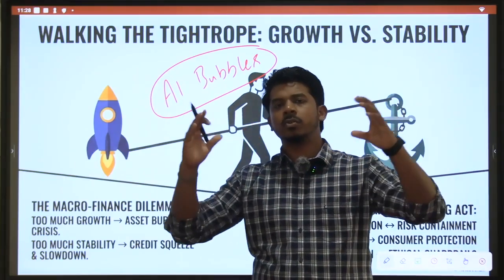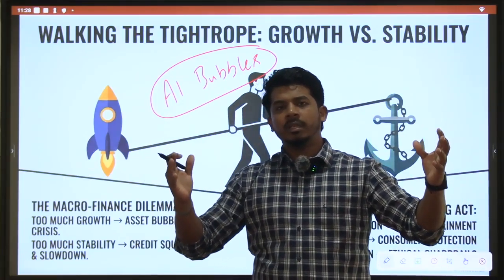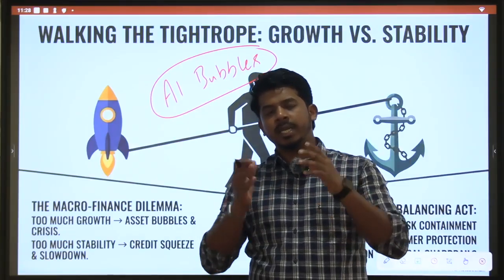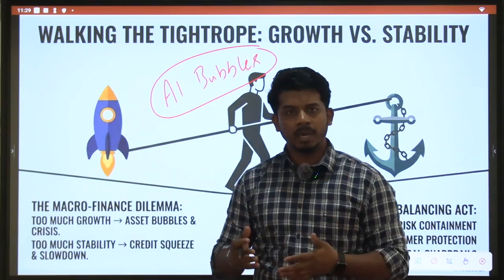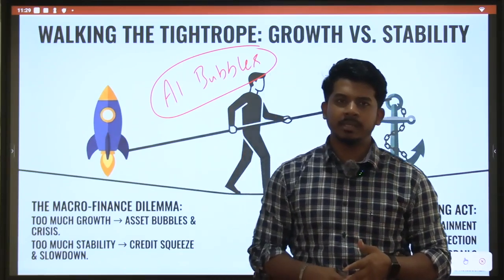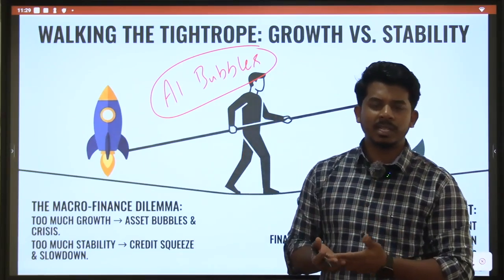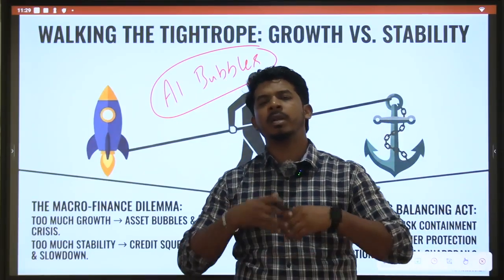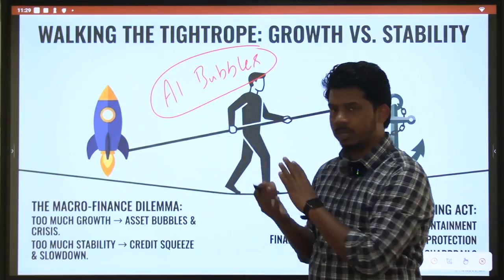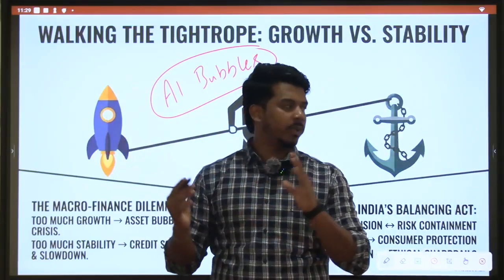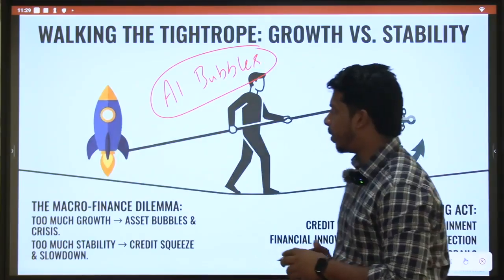The amount being invested is too high. What if they do not get the returns they are expecting? What if in future something happens, like a global war, and suddenly the world goes into crisis? Then we cannot use artificial intelligence like we are using right now. People do not have the ability to pay, and the AI bubble will burst. So you have to balance growth with stability. This is the same for anything.